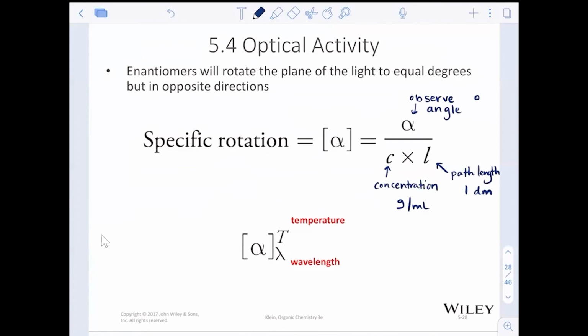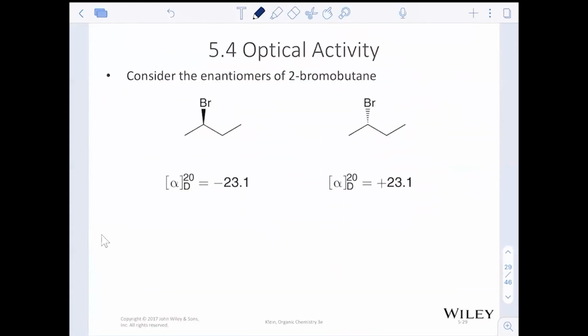That will tell you the wavelength. And then also the temperature. This is temperature dependent, so changing the temperature actually can change the specific rotation. This is a crazy cool phenomenon. This is how they're usually going to be reported, as alpha D20s, right?